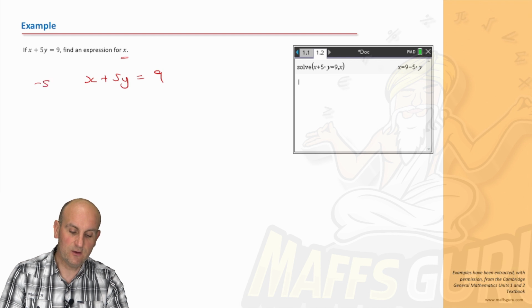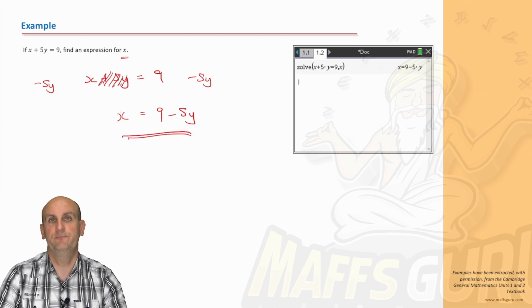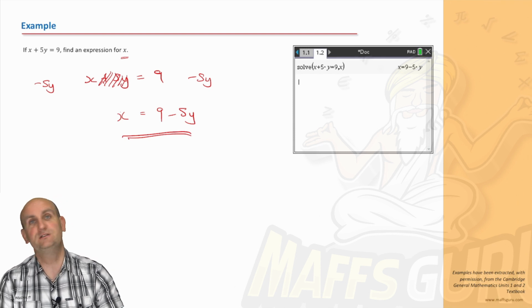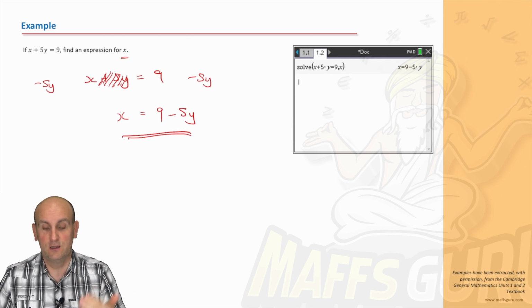So I'm actually going to take away 5y from both sides. Bye-bye, you're gone. Leaves the x on its own. The 9 is already there, and I'm going to subtract the 5y, and believe it or not, that is my answer. Now, in a later video, we call that transposing the formula. I know, thank you, Barry, for once again calling the same process by 14 different names. Yeah, so if you can learn how to do this, you're sorted.